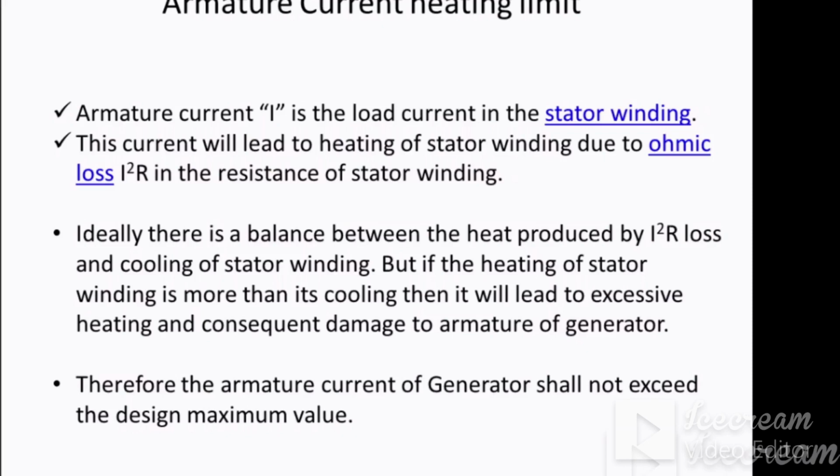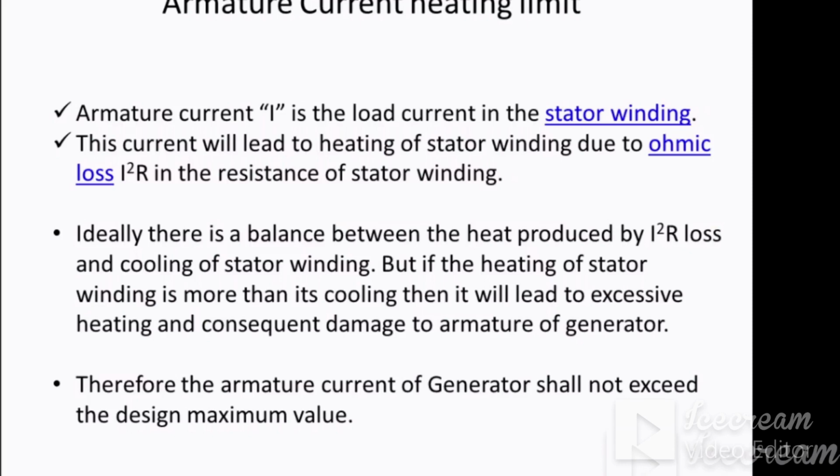These are also called copper loss or ohmic loss, which occurs due to the resistance in the stator winding. This means that a constraint is put by the limit of cooling of the generator stator winding. So ideally there is a balance between the heat produced by I square R losses and the cooling of the stator winding.